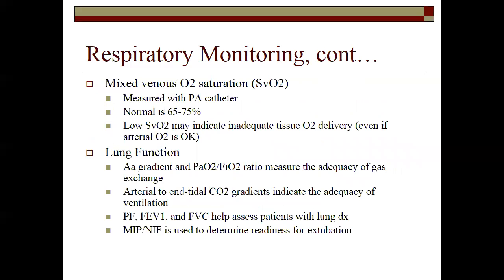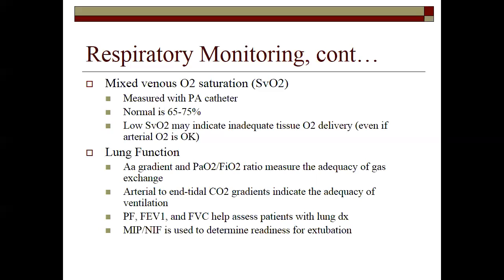Mixed venous saturation is where we're actually taking a mixed venous gas from a pulmonary artery catheter. Usual mixed venous saturation is 65 to 75%. A low mixed venous saturation may indicate inadequate tissue delivery, because we're having impaired oxygen offloading with the tissues, so it's taking longer.